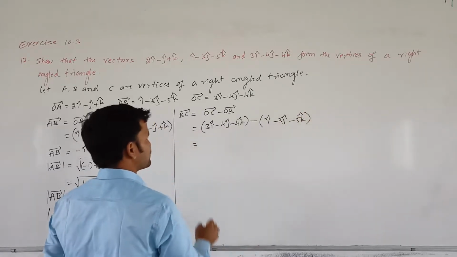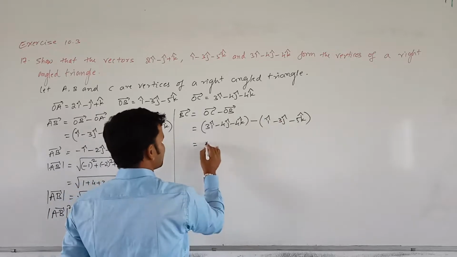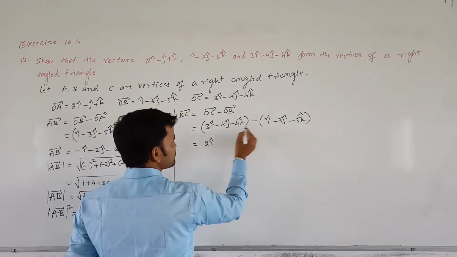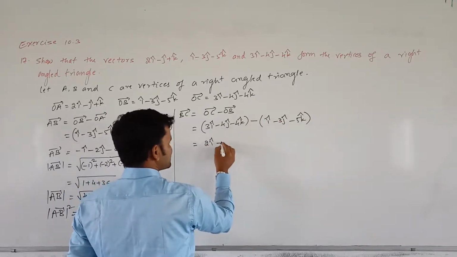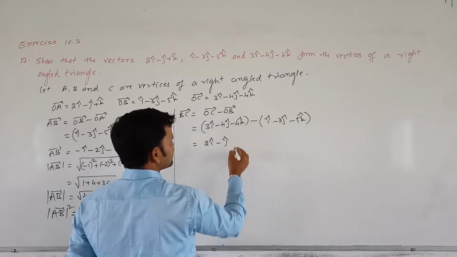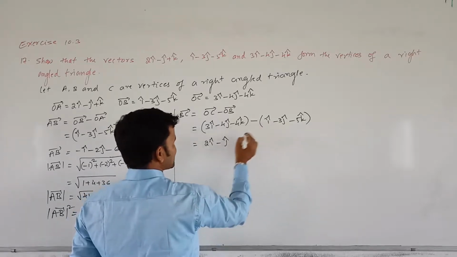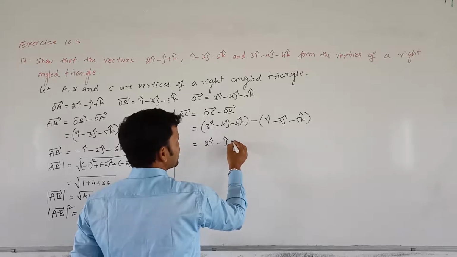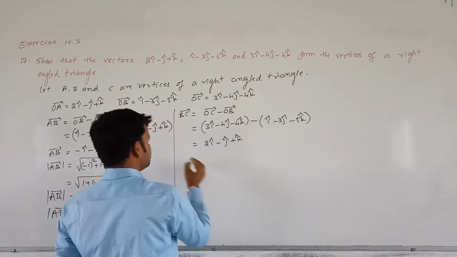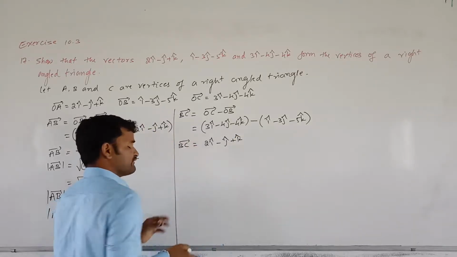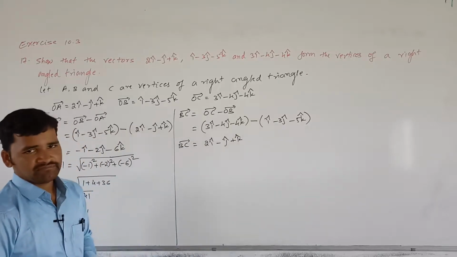Subtracting the corresponding components, 3i minus i is 2i, minus 4j minus minus 3j, minus minus plus means minus j, and minus 4k minus minus 5k, it will be plus k. This is a vector representing the side BC.